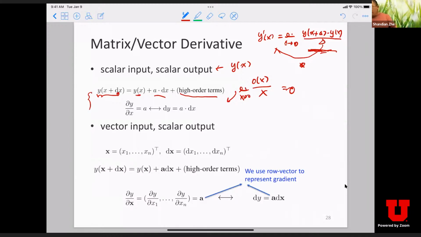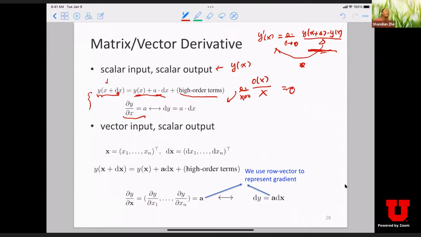So if you can find the a such that you can write down your function value after you perturb x by dx as a linear form, namely y(x) plus a times dx, then plus a much smaller term, which is called the Hölder term, then we call the derivative of y over the derivative of x simply a.